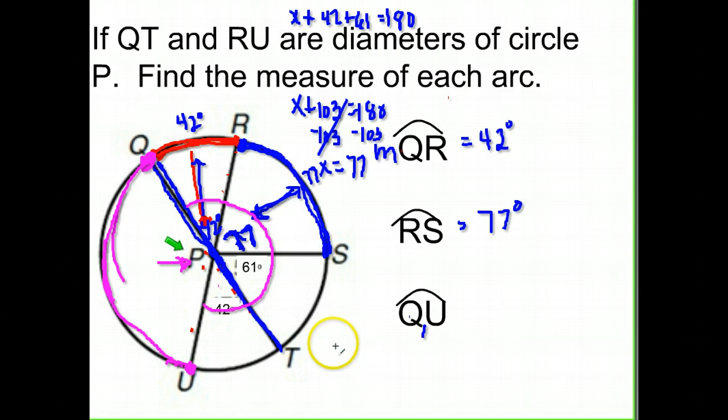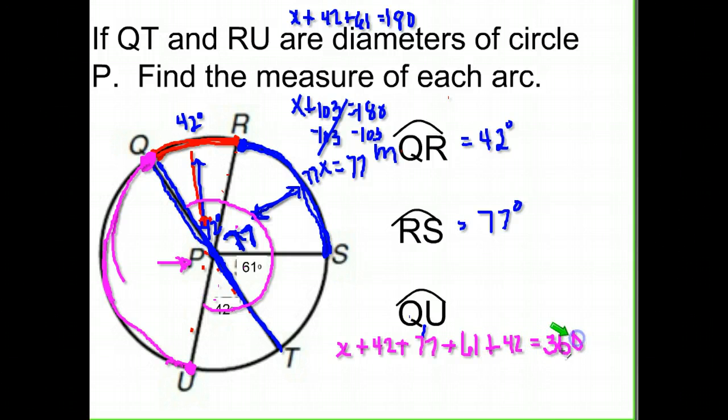Hopefully you said 360. So our angle, we'll call it X, plus the other angles, the 42 and the 77 degree angle and the 61 degree angle and the 42, one more 42 degree angle. Altogether, those should add up to be 360 degrees. We need to total the rest.